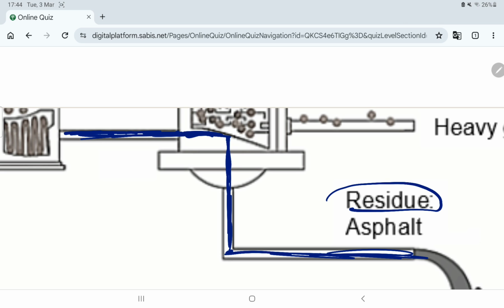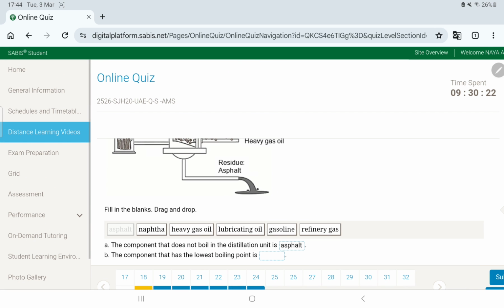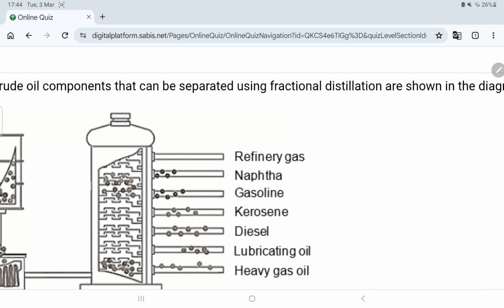As residue. So what doesn't boil in the distillation unit or the fractionating column? The residue. And what's the residue in this case? The asphalt. Here, which component has the lowest boiling point? We said that the higher the substance is, the lower the boiling point. So which one's at the tippy top? The refinery gas. Okay?